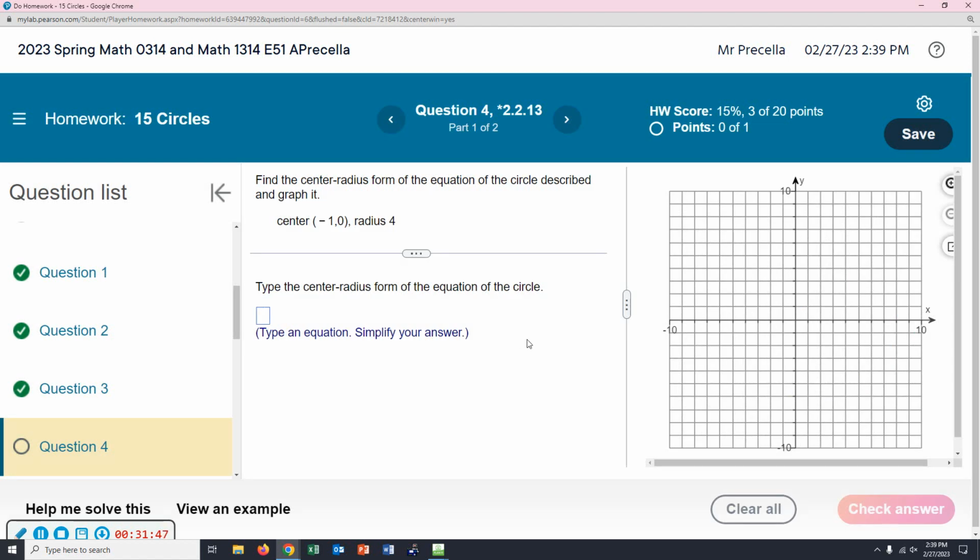This one's a little interesting. I don't need to hit help me solve it and change the numbers. Wow. The center is -1, 0. And the radius is 4.